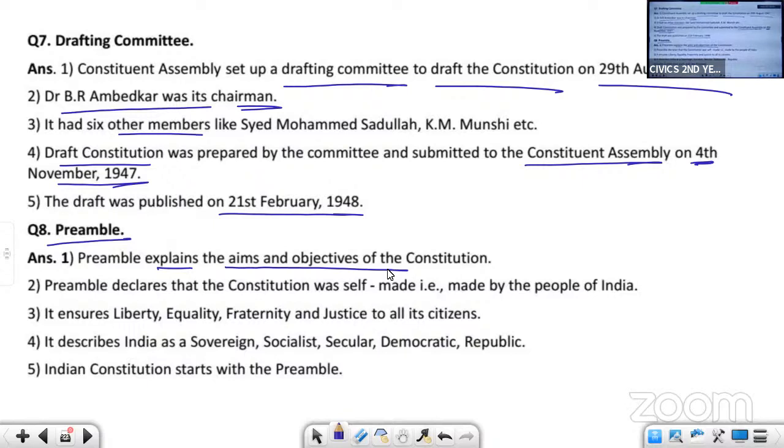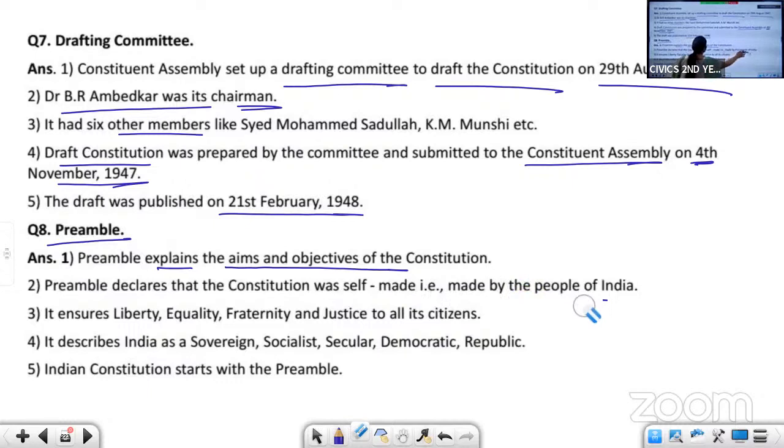The Preamble of the Indian Constitution declares that the Constitution was self-made, that is, made by the people of India. How can you say that? Because the Preamble starts with 'We the people of India'. So it shows that it is self-made, made by the people of India.